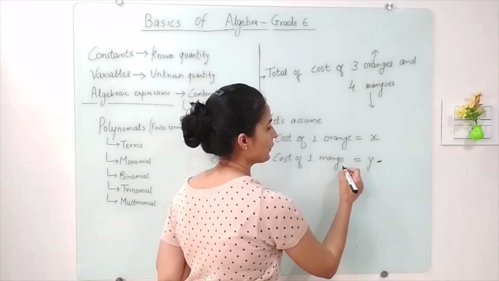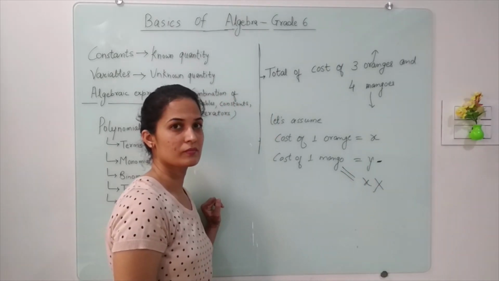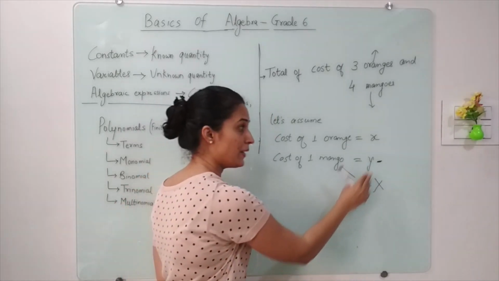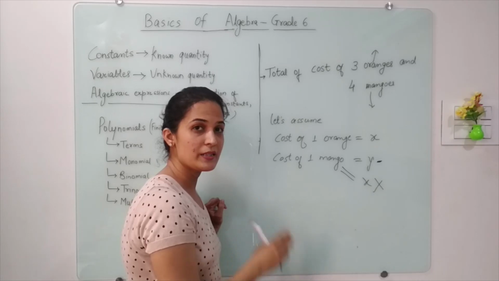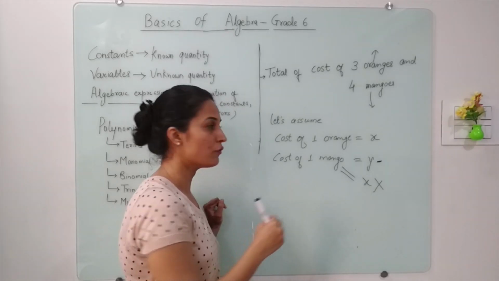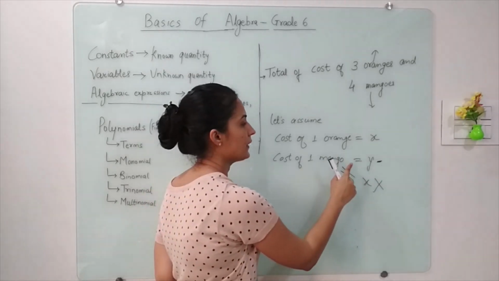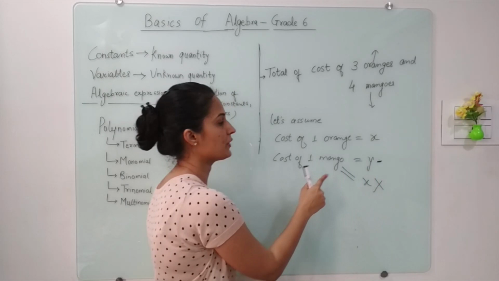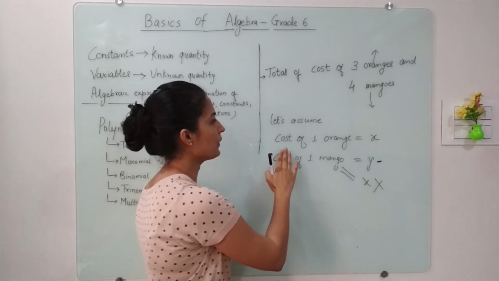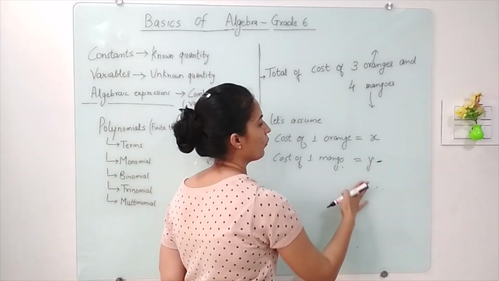So I cannot put the value of mango as X. It might be same, but there is a possibility that it may differ. Now because we don't know whether the value of these two is same or different, I have to assume that there is some other value to this mango. So I am assuming cost of one orange is X, cost of one mango is Y.